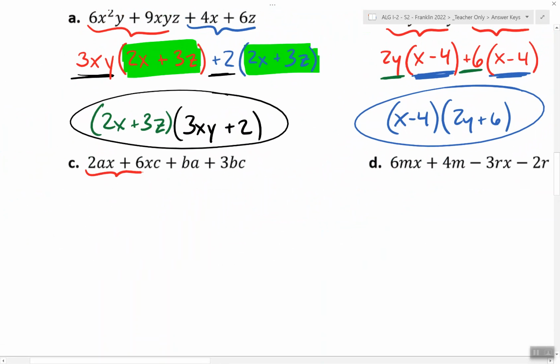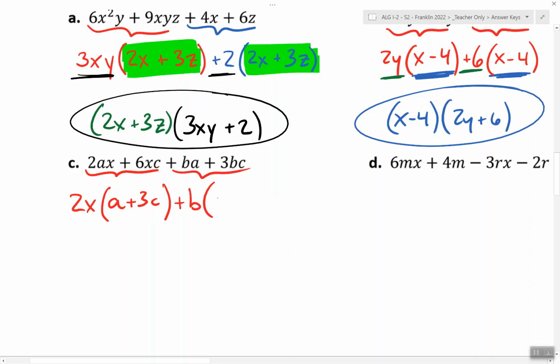First two terms, we have 2ax plus 6xc. We can take out a 2 and an x from both of those. So what's left here is a plus 3c. For the second two, we can take out a b from both, the positive b, so plus b.